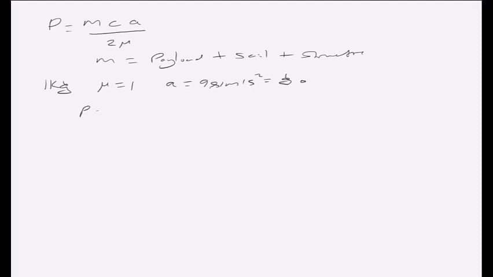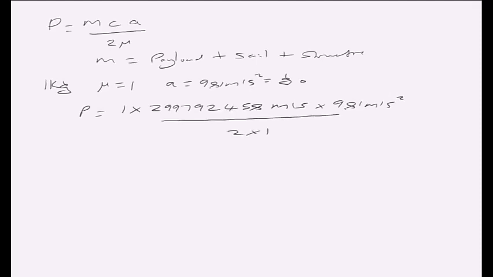And so the power required to push this sail will be 1 kilogram times 299,792,458 meters per second, times our acceleration, 9.81 meters per second squared, all divided by 2 times 1.0, just to make it simple.